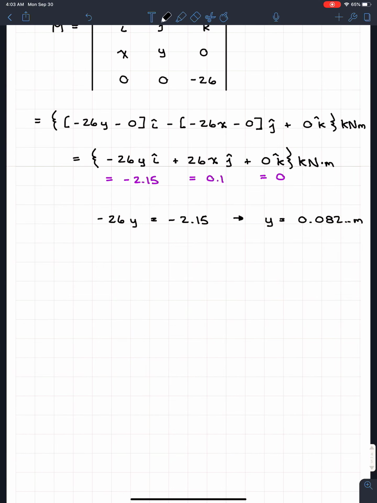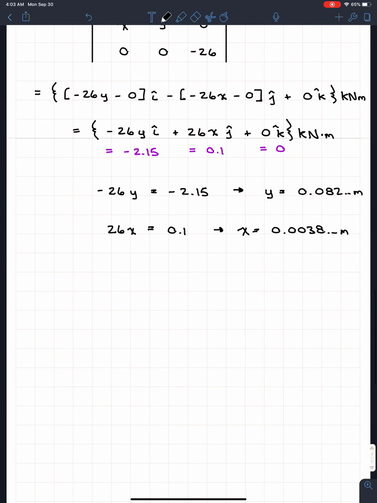And we can do the same thing for the j component, so we get 26x is equal to 0.1. We know that x is going to be equal to 0.003 8 meters.